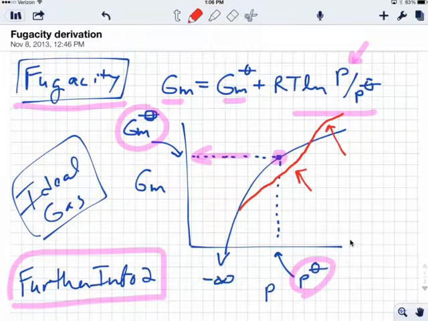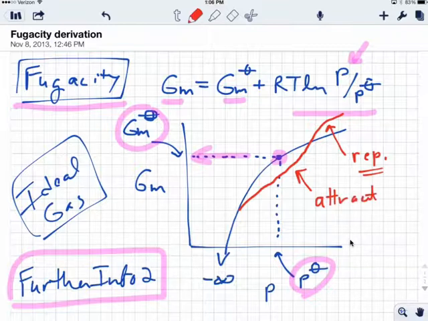And in this region, it's higher than what we would expect. It turns out in this region repulsive forces are starting to dominate, and in the lower region attractive forces are dominating.